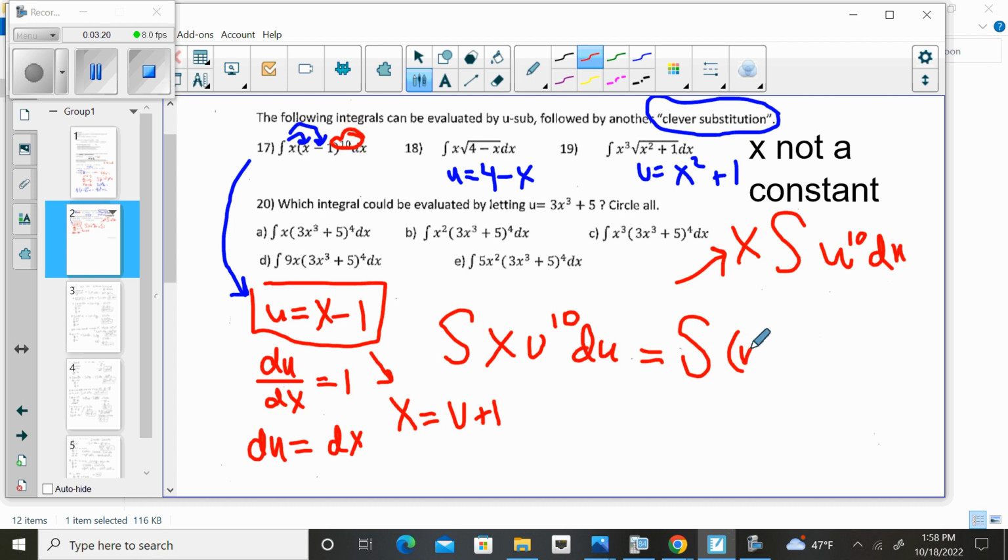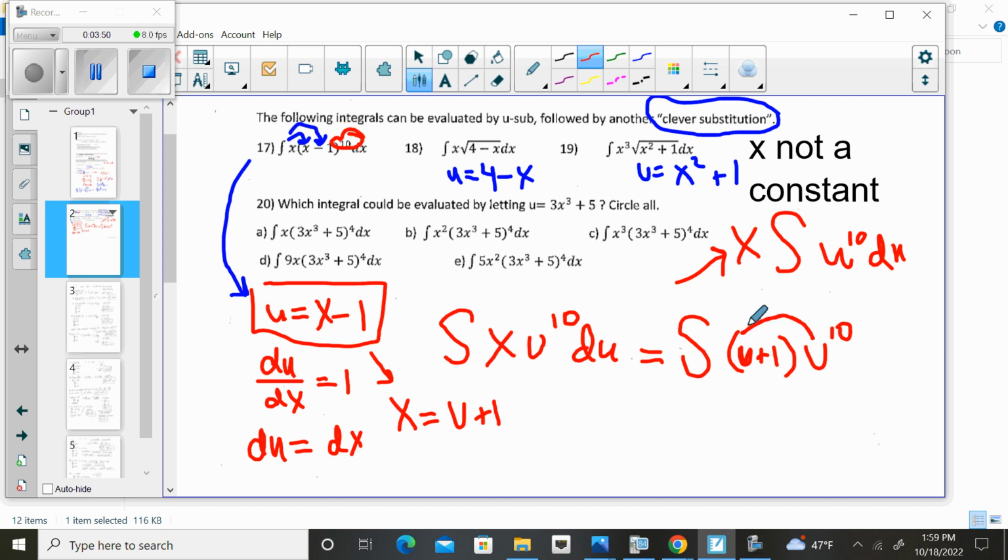And it's interesting the way this works, because the last time, when we wanted to distribute, a lot of people would try to distribute x into the parentheses to the 10th power. Notice I flip-flopped: u is to the 10th power, a single term is to the 10th power, and what's in parentheses has no exponent.